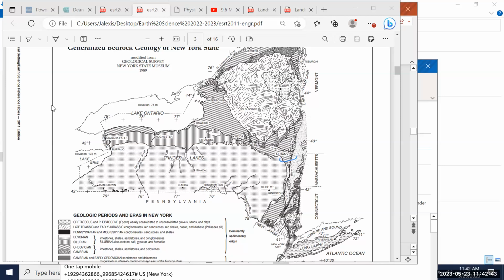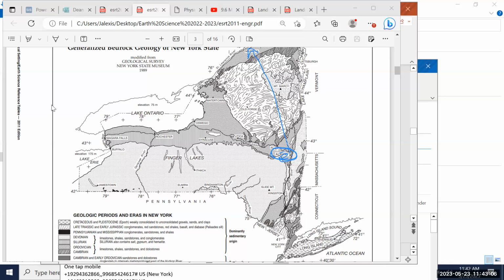So I'm starting from Albany and I'm flying all the way to Massena. So I started somewhere in this region, right here where Albany is. And therefore, I'm going to fly all the way to Massena.